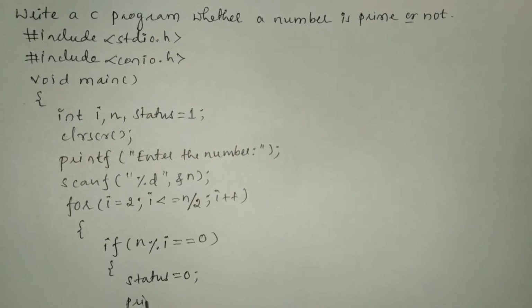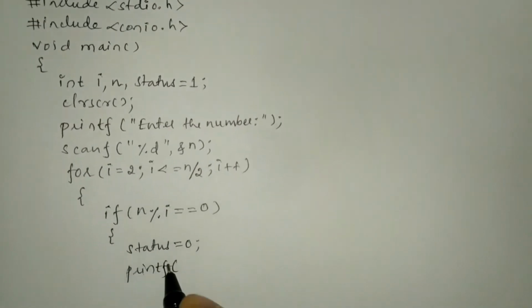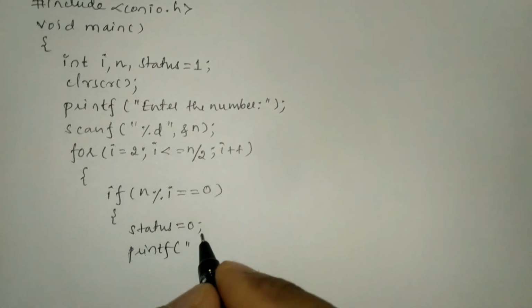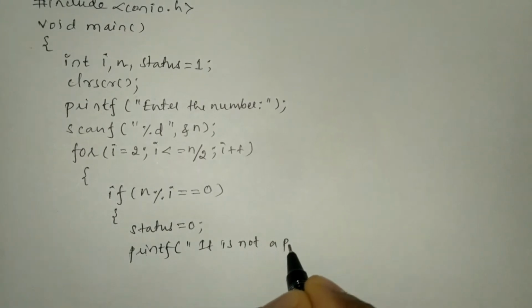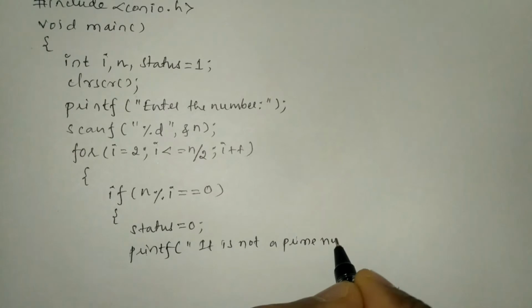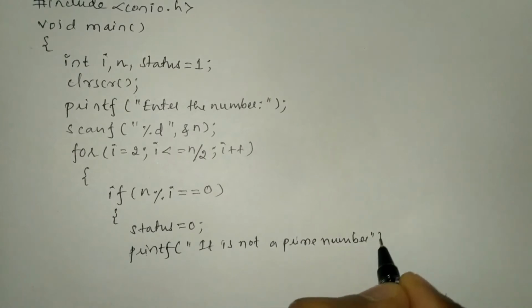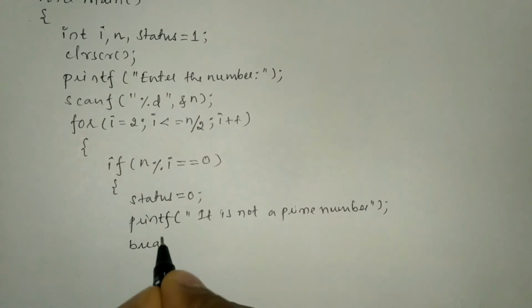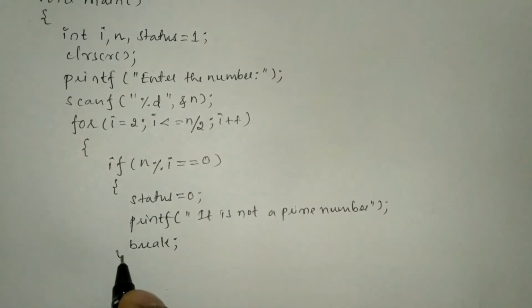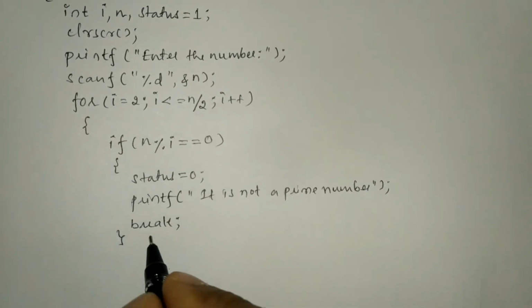So I'm going to write a printf statement, and in double quotation marks I'm going to write "It is not a prime number", end the double quotation marks and put a semicolon, and here we have to break out of this looping structure, and curly closing brace.